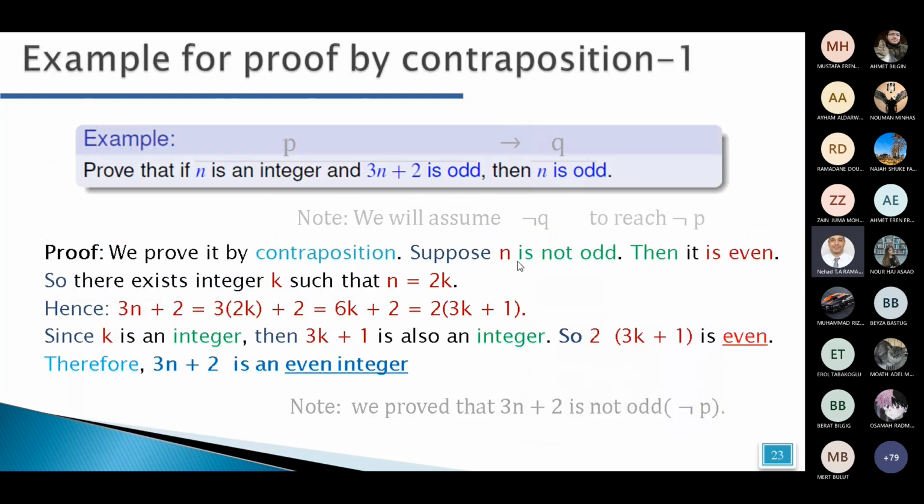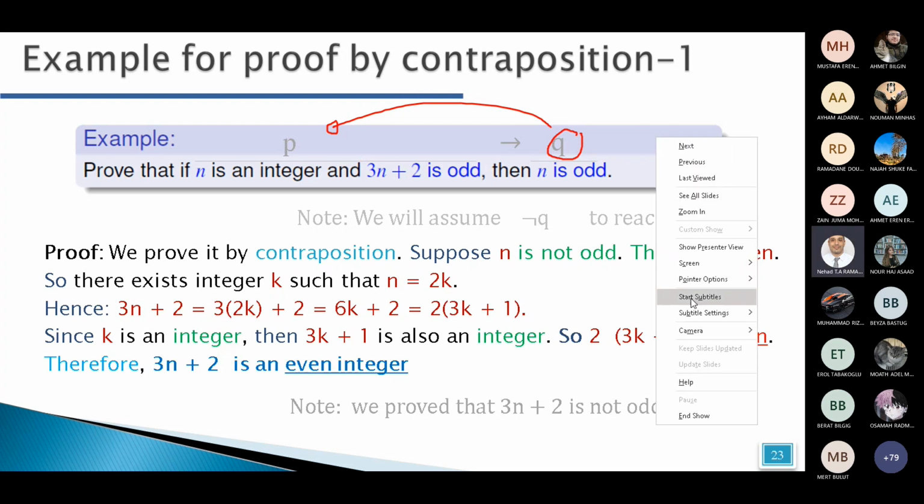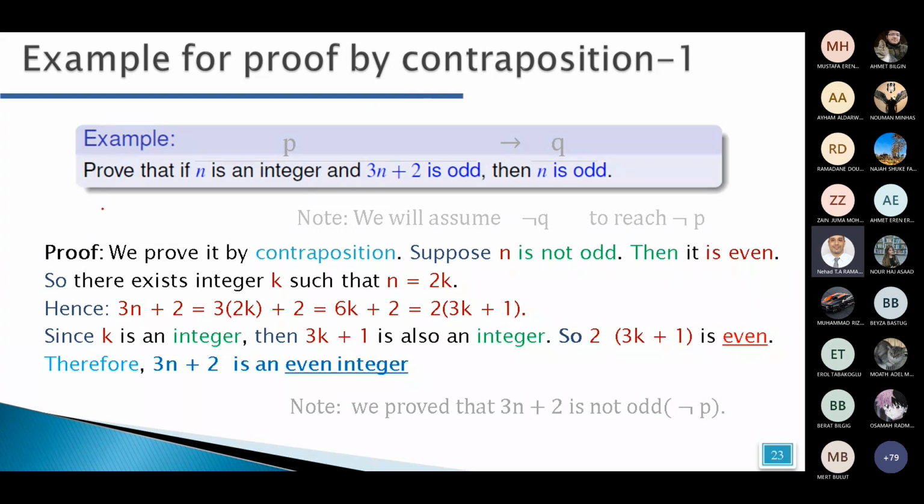So this is the idea. With examples, we have P and we have Q. We will start from not Q to reach not P. If we reach not P from not Q, then the proof is correct. Okay, so what does this example say?